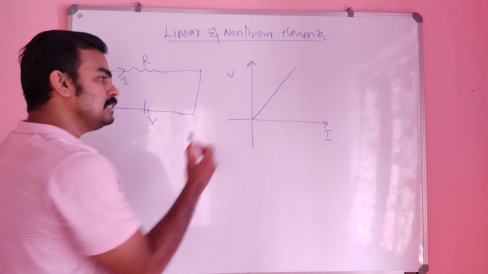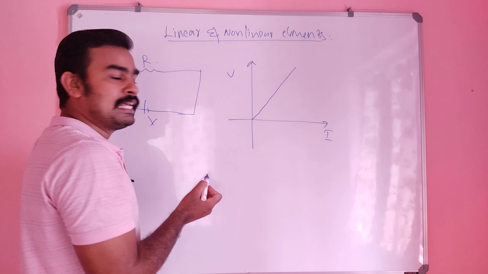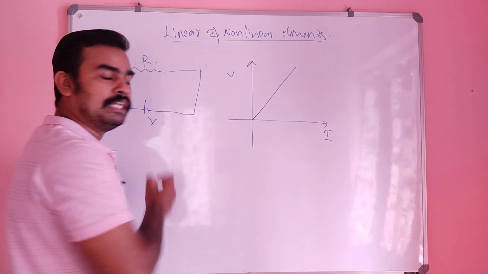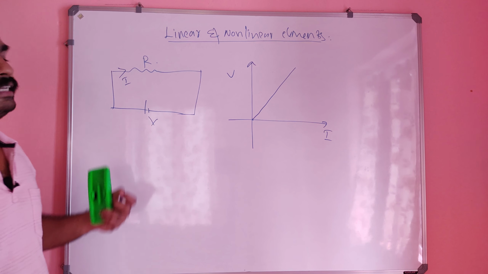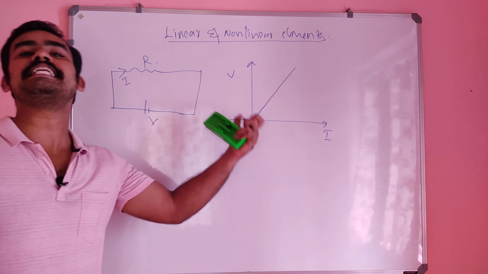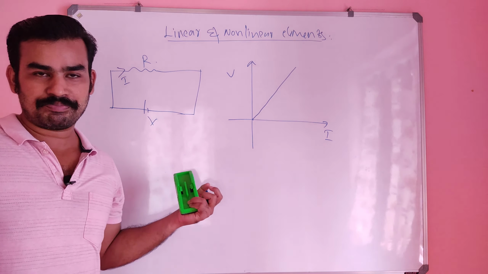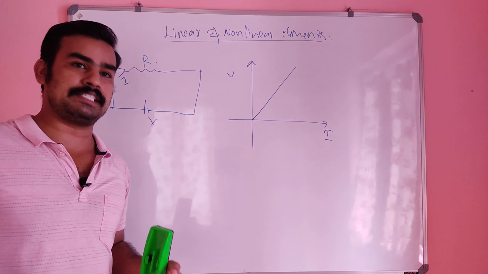That means it is a graph of a linear element, a straight line passing through the origin. So this is called the linear element, which shows the linear characteristics. So resistance is a linear element which shows the linear characteristics.